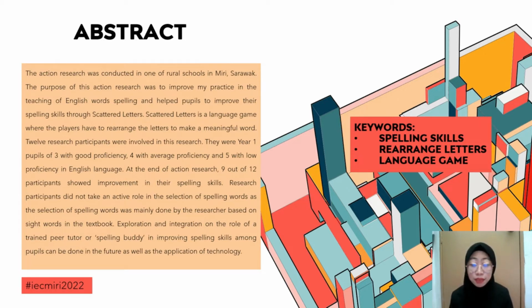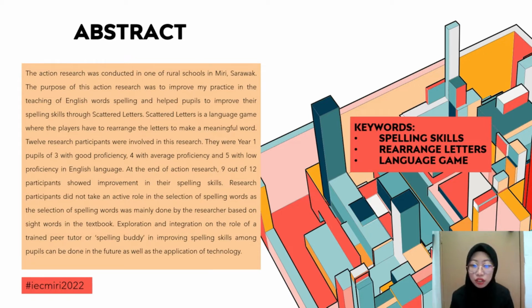12 research participants were involved. There were Year 1 pupils, 3 with good proficiency, 4 with average proficiency, and 5 with low proficiency. At the end of the research, 9 participants showed improvement in their spelling skills. Research participants did not take an active role in the selection of spelling words, as the selection of spelling words was mainly done by the researcher based on the sight words in the textbook.